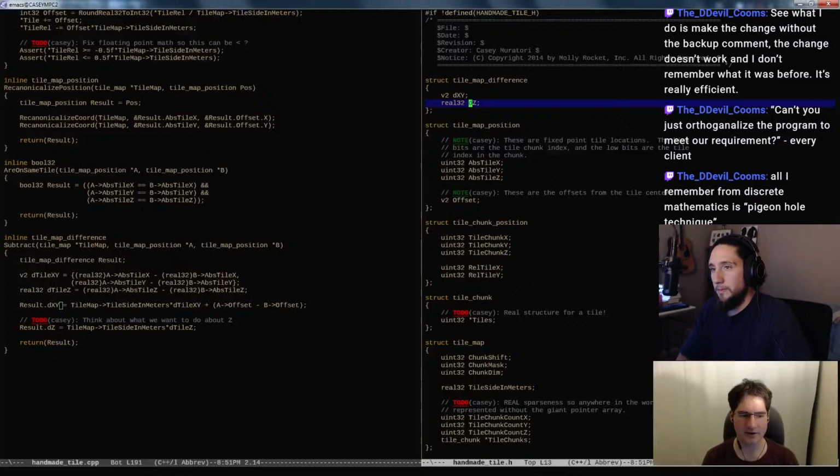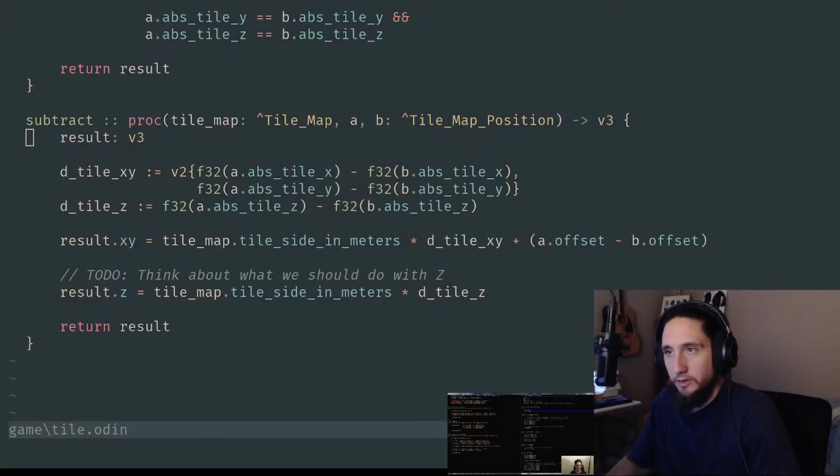Something I just realized. Okay, so because the result is a tile map difference, and he calls that member a dxy, I think I could just leave this like so.